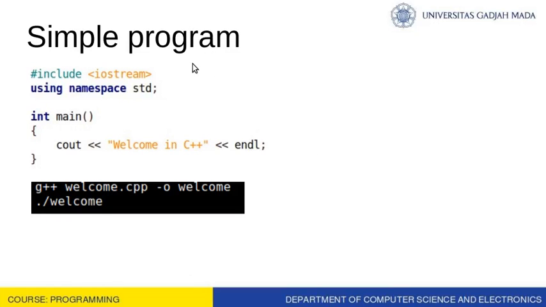So this is an example of simple program. So you write this program inside of text editor, which I mentioned before, and then you save as .cpp. Suppose I save as welcome.cpp, and then I open terminal, Linux terminal, and then I go to the folder where this file is saved.